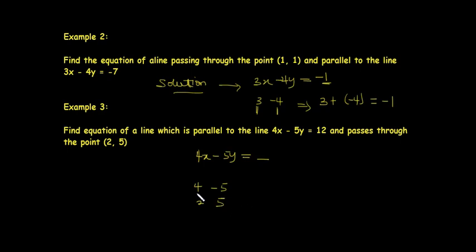Then we multiply together. We have 8 plus minus 25, and that is equal to minus 17. So in this case, our new equation is 4x minus 5y is equal to minus 17. Good. So that is the shortest way of finding an equation that is parallel to another equation.